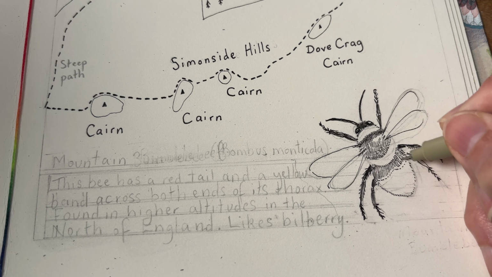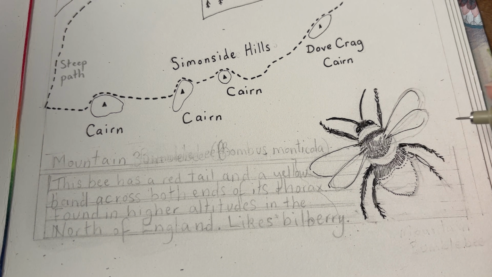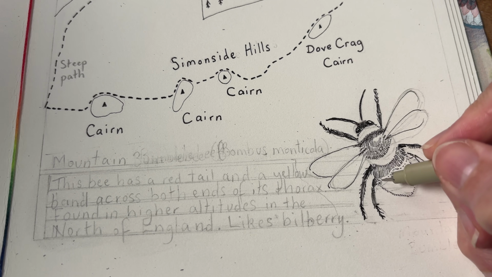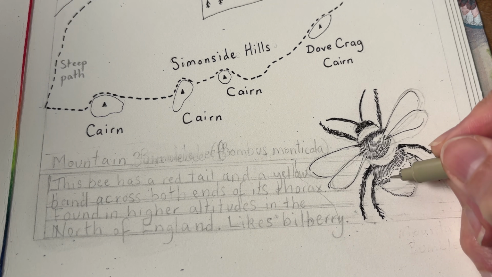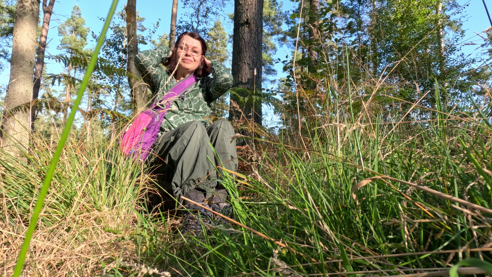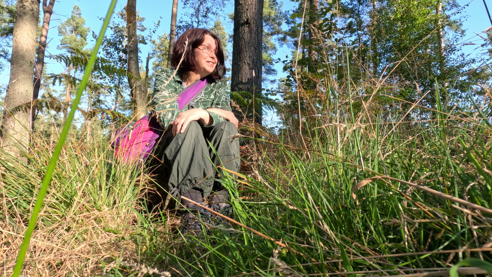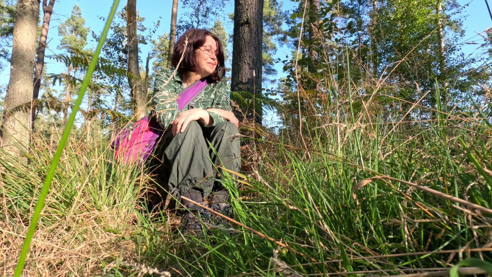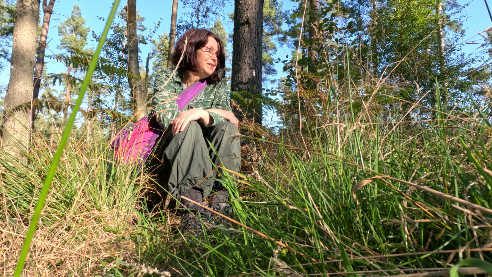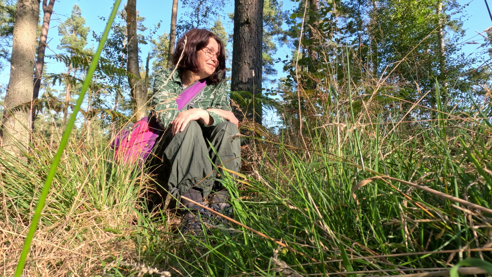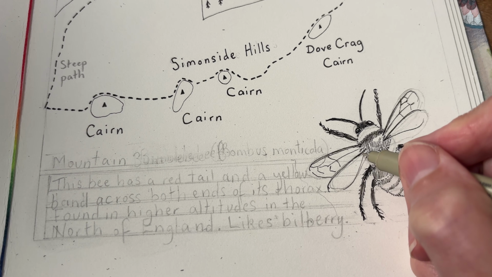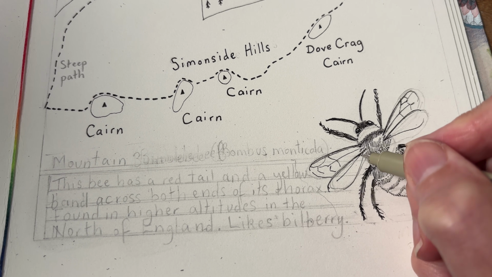The reason why I like this bee was I've done this walk about 4 times, and the first time I did it, I was having a rest in the wood. I was sitting and enjoying my surroundings when one of these bees actually landed on my hand. I was so startled to see this bee.